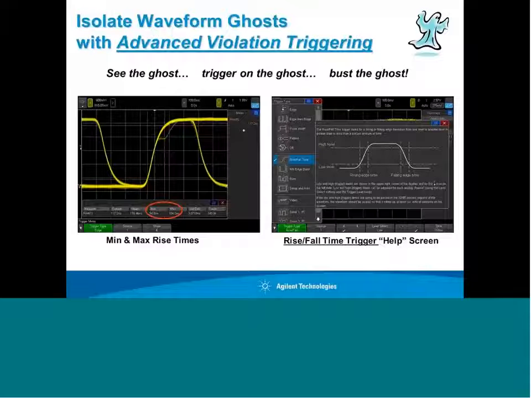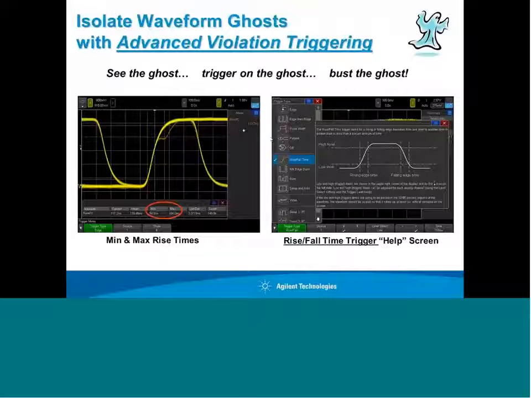Now, many scopes in this class have advanced triggering capabilities. The trigger mode that most people often use is just edge triggering. But if you look at the screen on the right, here we show a menu with a wide variety of trigger modes. You can see up at the top is edge triggering mode, then edge, pulse width, pattern.